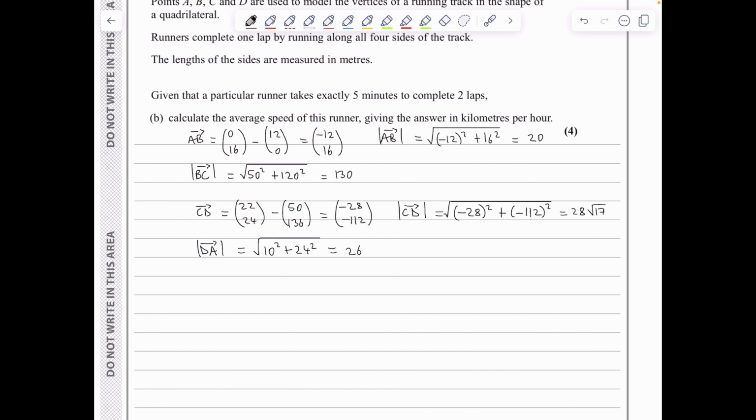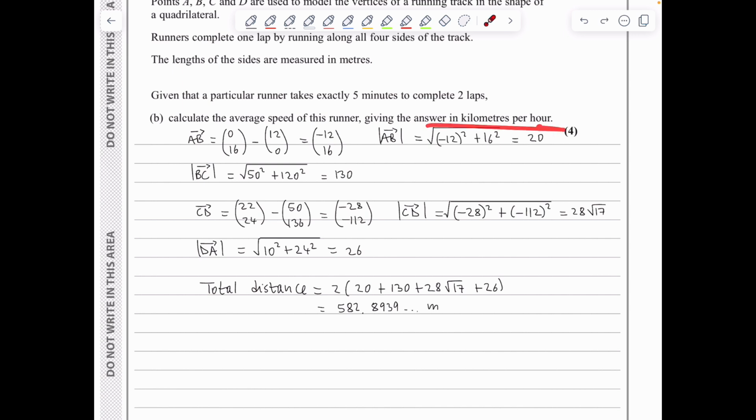So this means that the total distance that this runner covered is simply twice the sum of the four sides, because he covered 2 laps. So it's 2 times the 20 plus the 130 plus the 28 root 17 plus the 26. This gives an answer of 582.8939 meters.